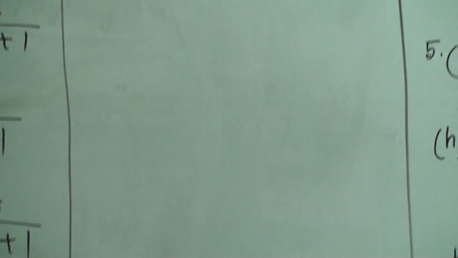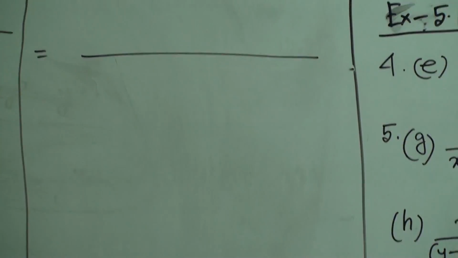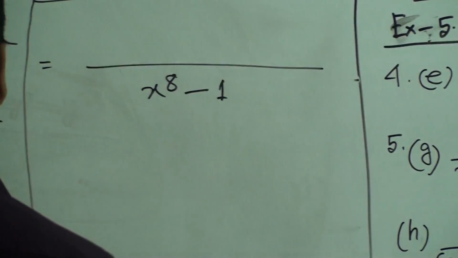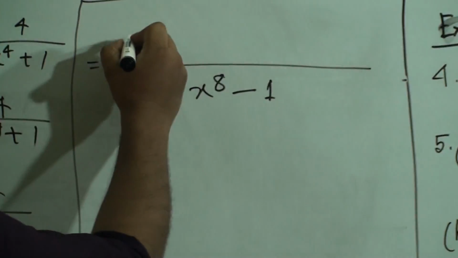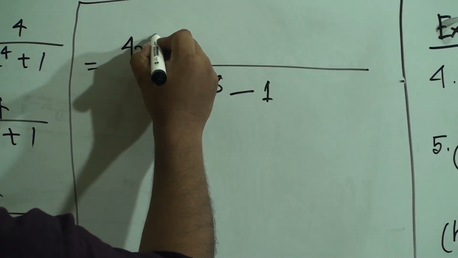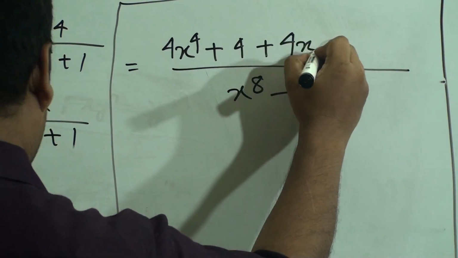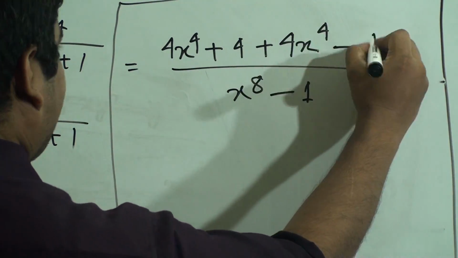Now from this line we write, dear student, please notice, a plus b into a minus b. So we write x to the power 8 minus 1 and we do calculation: 4x to the power 4 plus 4 plus 4x to the power 4 minus 4.